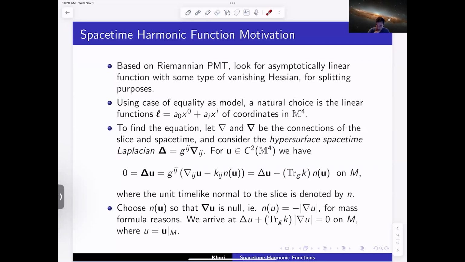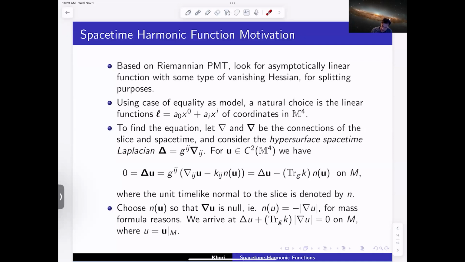For the spacetime version of positive mass, it's much more complicated because you don't want to split your initial data. Even in the rigid case, where you're a hypersurface in Minkowski space, most of these things don't split at all. So you don't want to look for splittings of the initial data, but rather splittings of the spacetime that you sit in, say, Minkowski space.